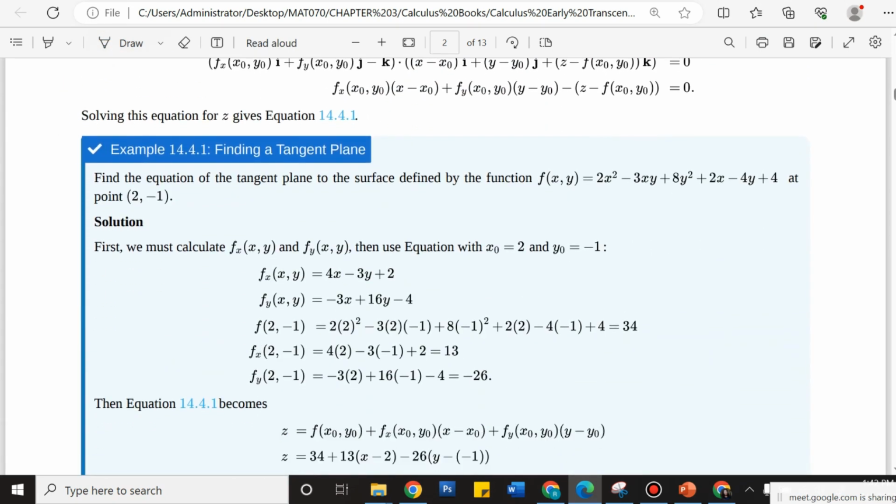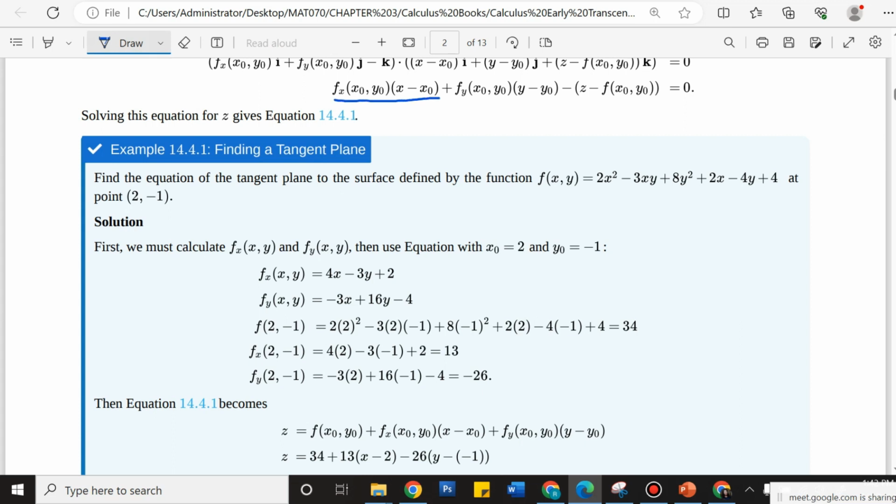Now, for example, we will try to find the equation of the tangent plane to this function at the point (2, 1). Okay. So first, pangitaon sa nato ang derivative.